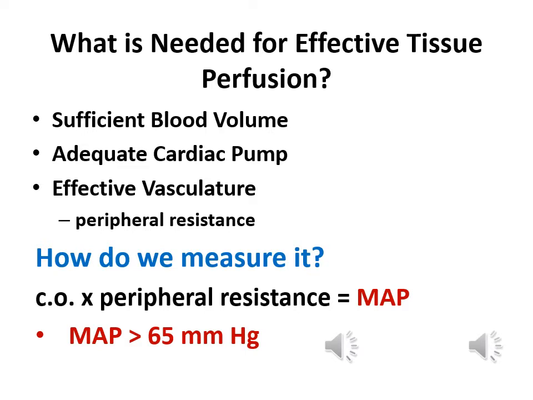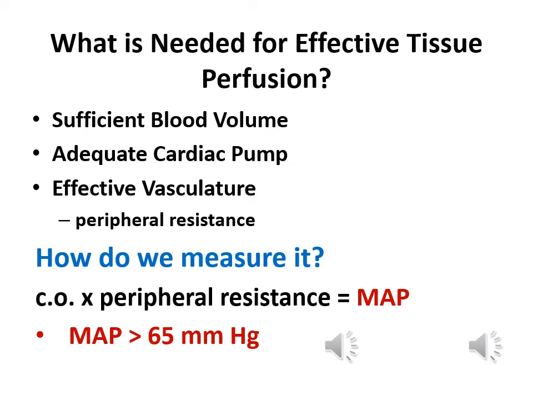If there is a great loss of blood, then the heart, no matter how hard it works, is not going to be able to adequately perfuse all the way down to the toes. If there's something wrong with the cardiac pump, if it's not pumping well or efficiently, for example in heart failure, again, the body isn't going to be able to perfuse down to the toes and up to the brain.